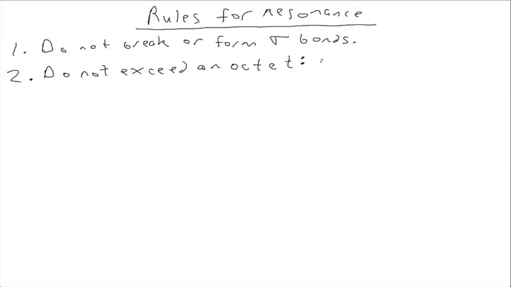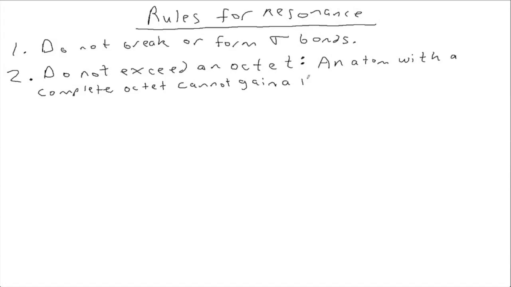So the idea was, an atom with a complete octet cannot gain a bond unless it simultaneously loses a bond.